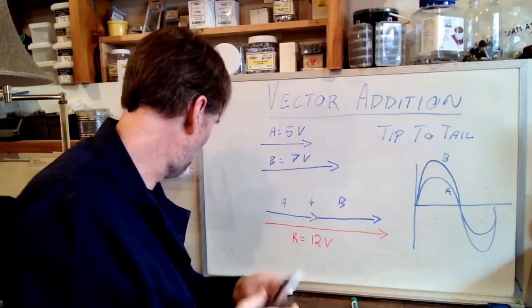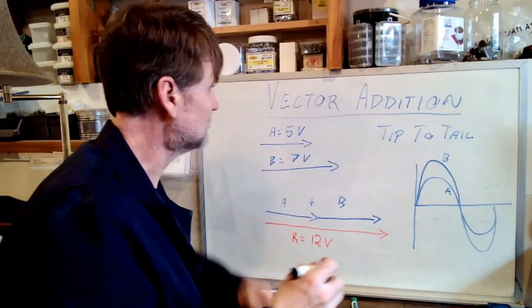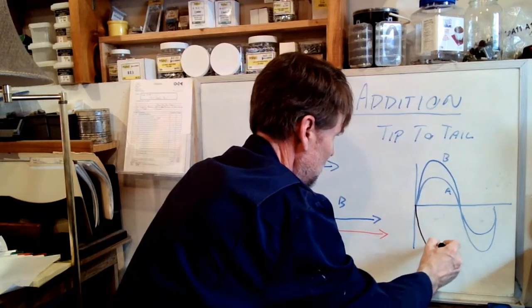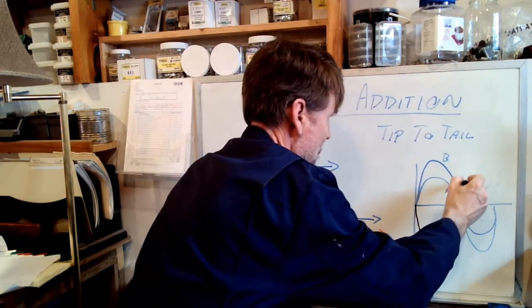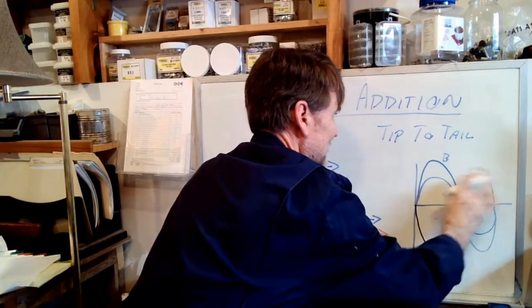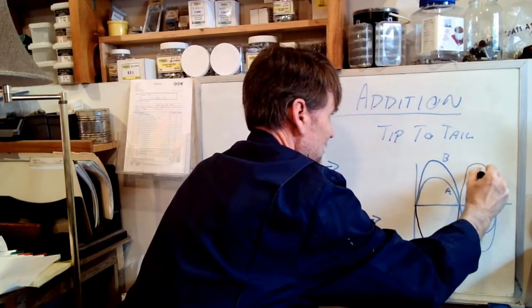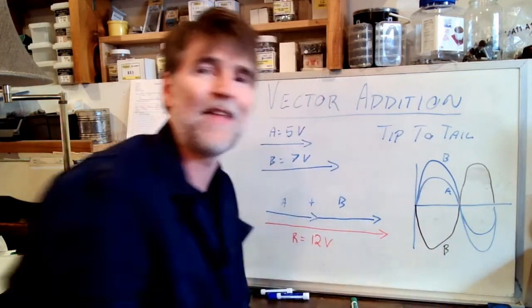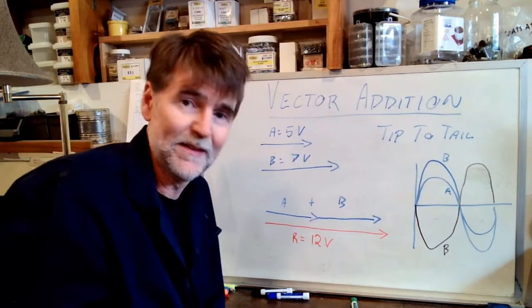But what if vector B, oh dear, I tried to actually make that to scale. What if that was vector B? Or what if that was voltage B?